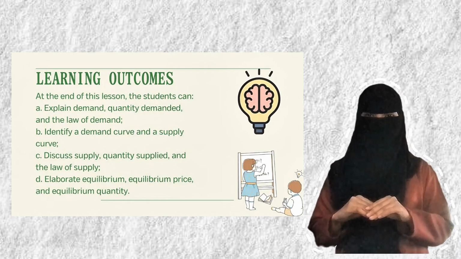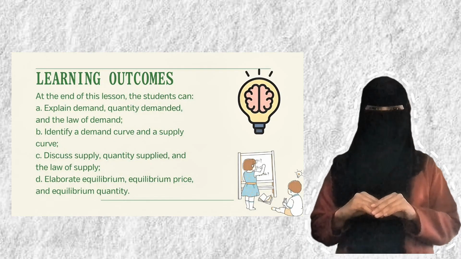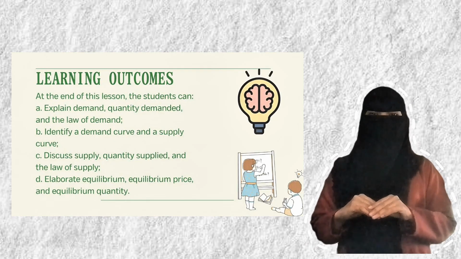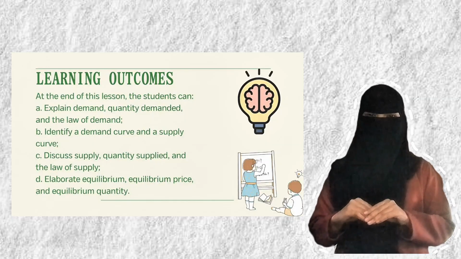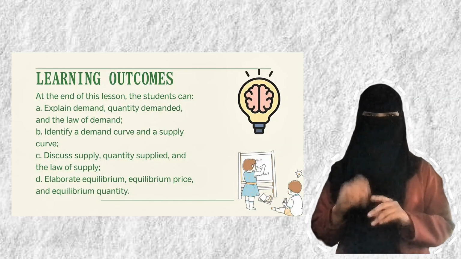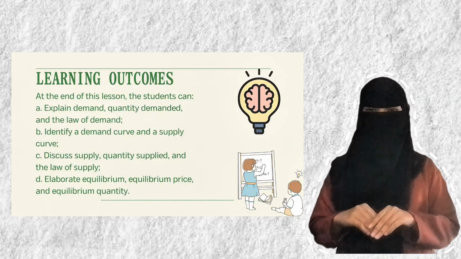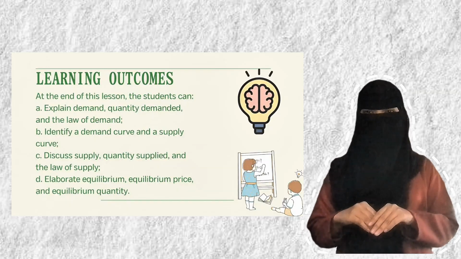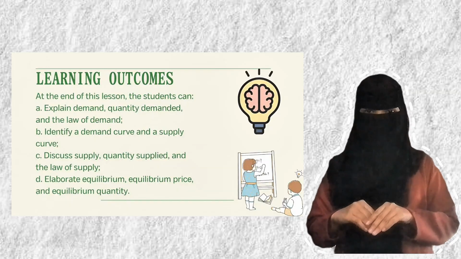So, we have these learning outcomes that are expected to be learned after this discussion. At the end of this lesson, the students can: A. Explore the demand, quantity demanded, and the law of demand.